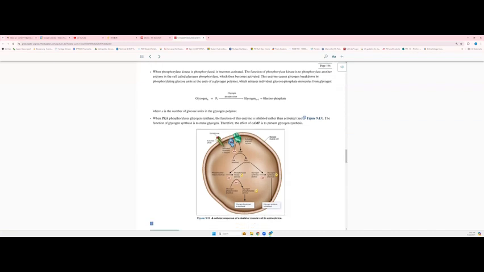Another thing is another enzyme, glycogen synthase, right? This kind of enzyme is used to make glycogen. When PKA is activated, it will convert the active synthase to an inactive form, by phosphorylating it. So the body will stop making more glycogen.